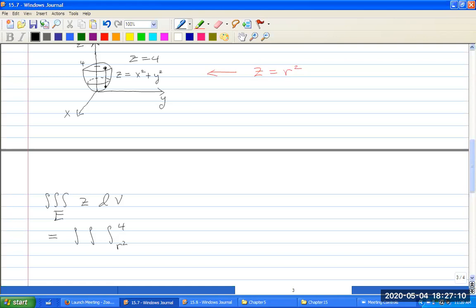And so let's do rz, because I always have to multiply by r. And we're integrating dz, let's say dr d theta.